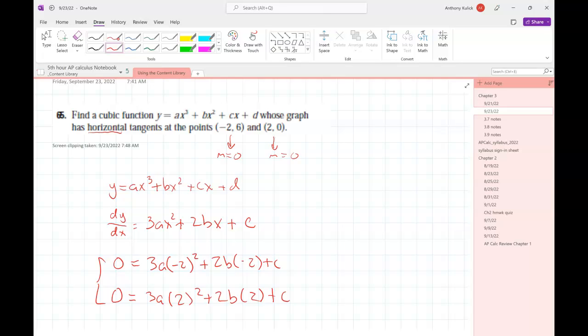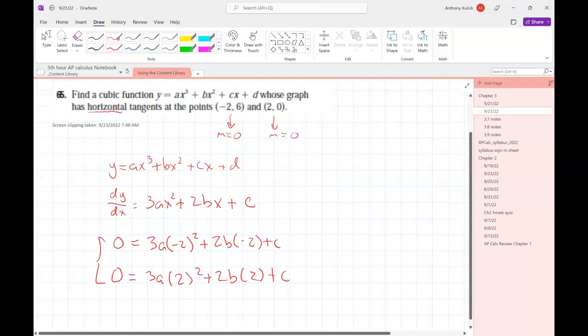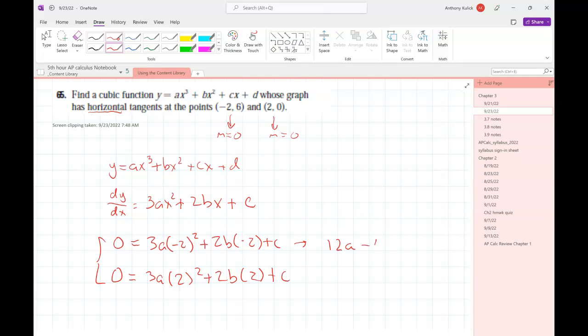So that's going to form us a system of two equations. When I simplify this down, what do I get? I have 12a minus 4b plus c is equal to 0. And here we have 12a plus 4b plus c is equal to 0.